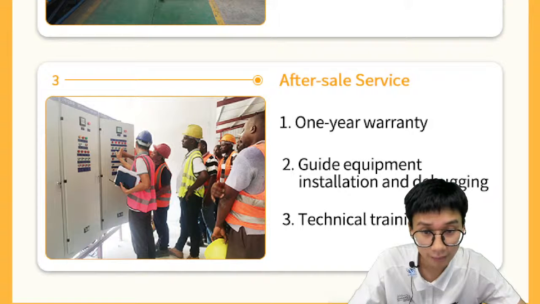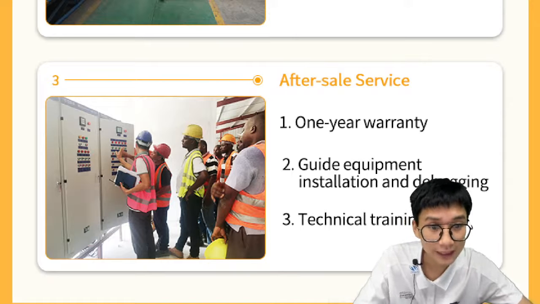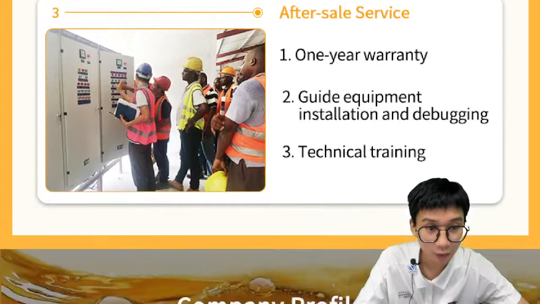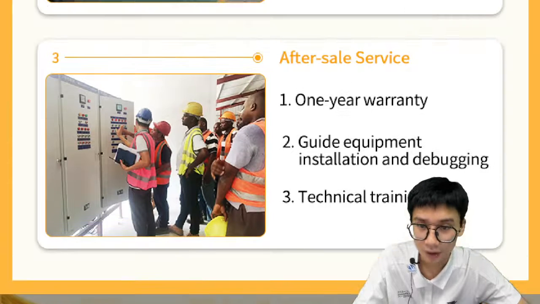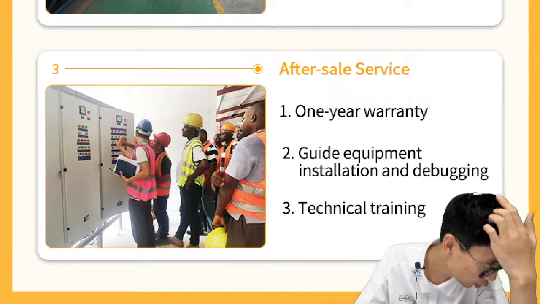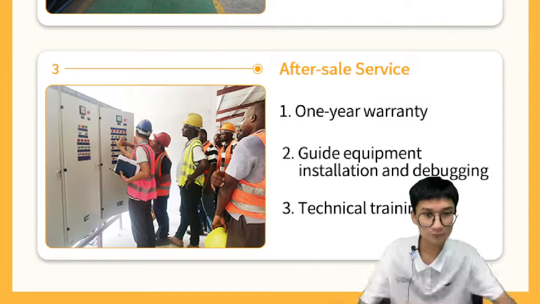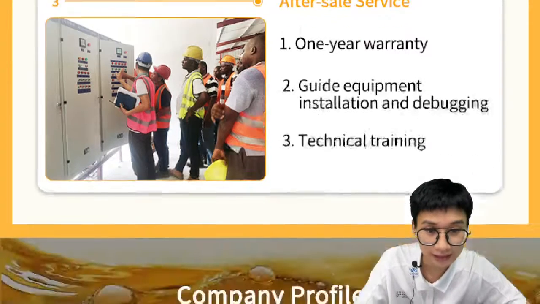So no worry about the after sales, no worry about the warranty. And we also provide guided equipment installation and debugging, and also technical training. So if you own a really big workshop for solvent extraction oil, we can also train your workers to use the equipment. This is the technical training.